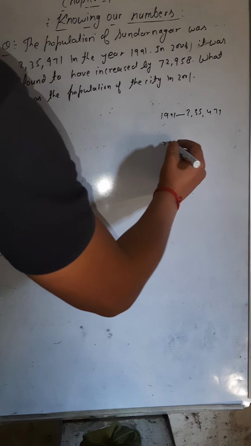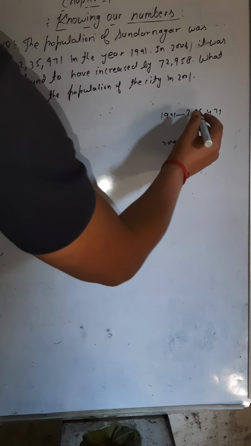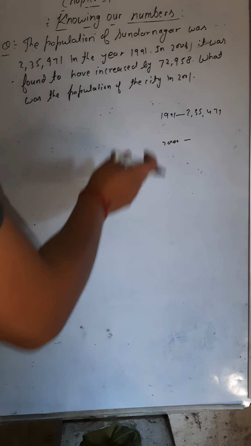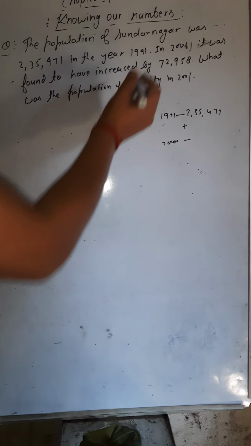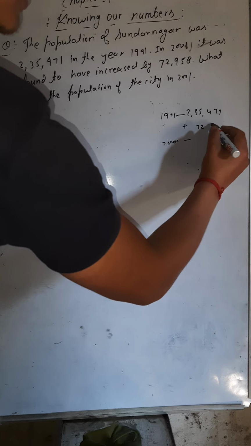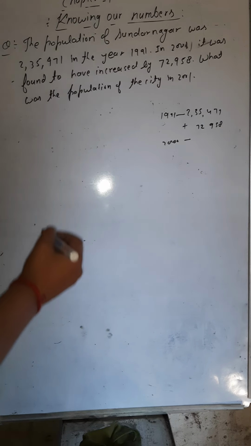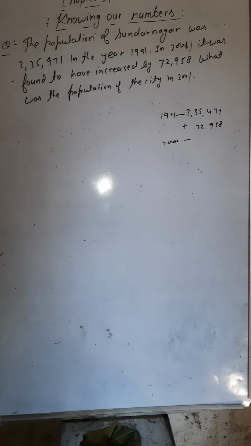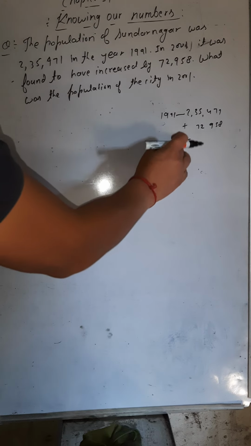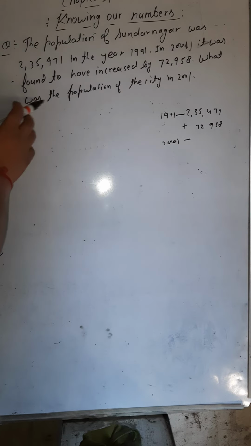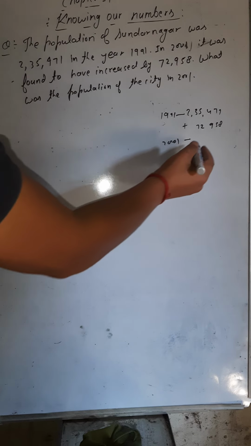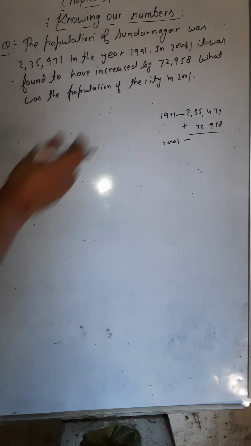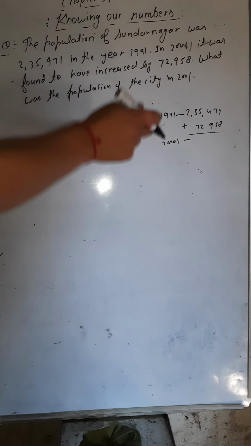Now in the year 2001 this population has increased by this much. Now what you have to find out is the population of the city in 2001. So what you will do? You will add this. Okay, but by method you will write it.